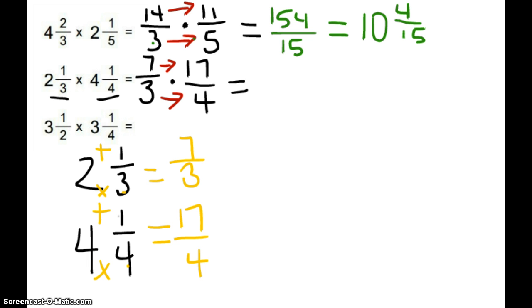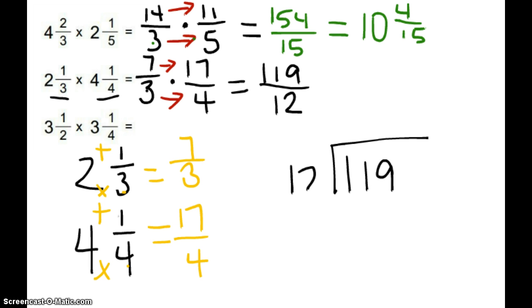And 17 times 4 is 60. Okay, no. 7 times 17 is 119/12, because 3 times 4 is 12. So we're just going to divide. All fractions are division problems. So this is 119 divided by 12.